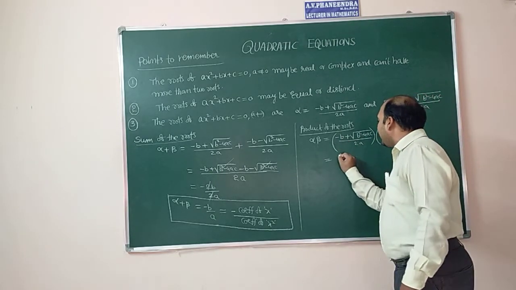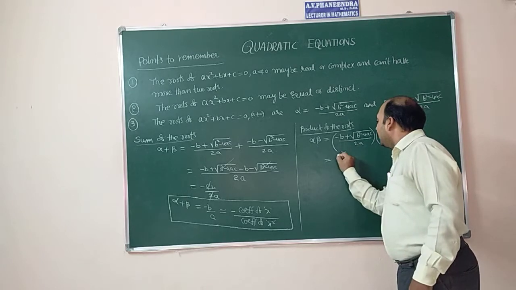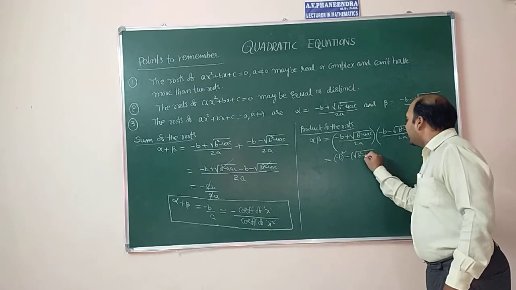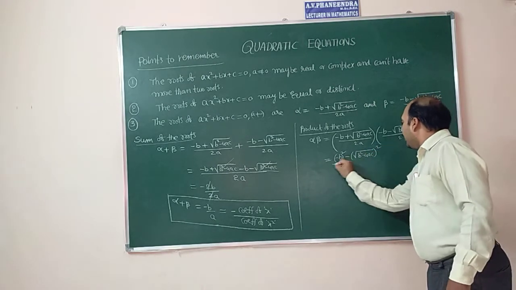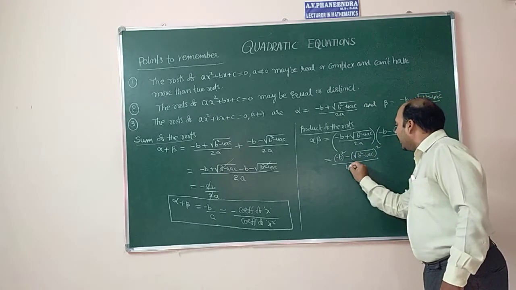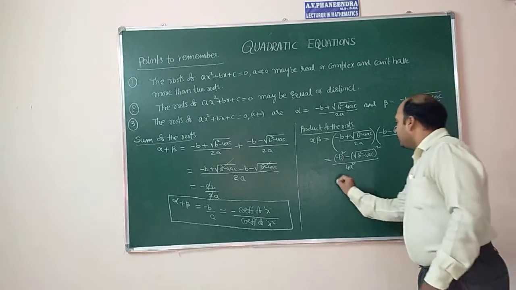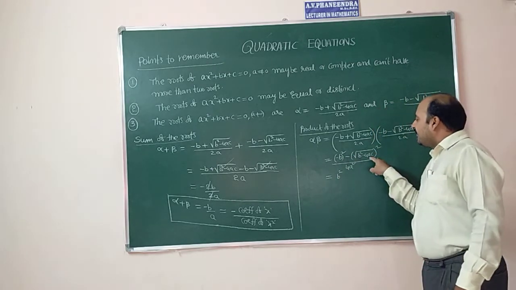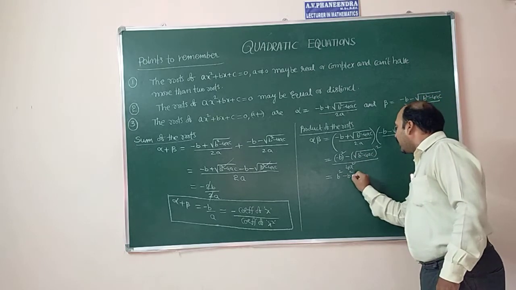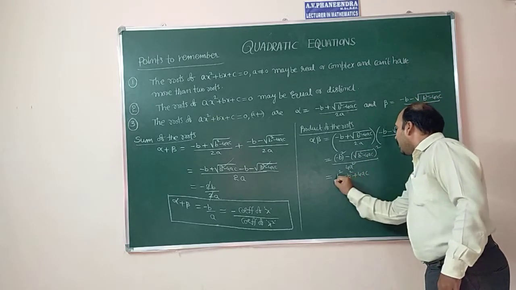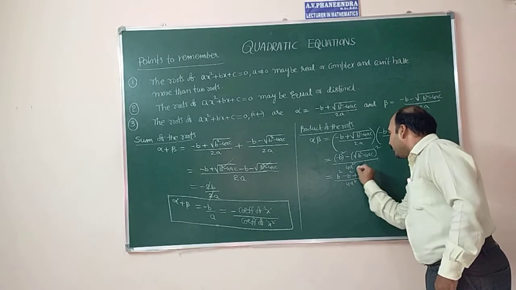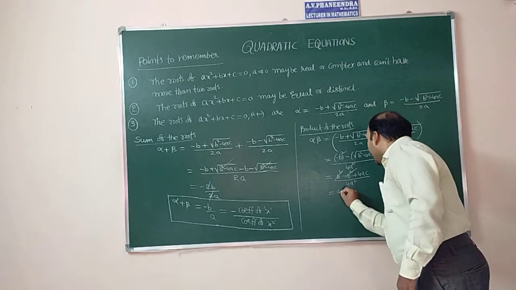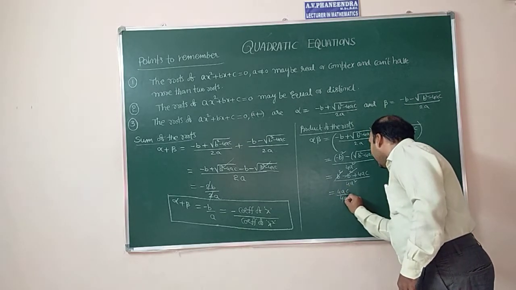Minus b whole square, minus square root of b square minus 4ac whole square, divided by 2a into 2a, 4a square, which is equal to b square, square root cancel, and multiplying each and every term by minus, minus b square plus 4ac divided by 4a square. Plus b square minus b square get cancelled, which is equal to 4ac divided by 4a square.